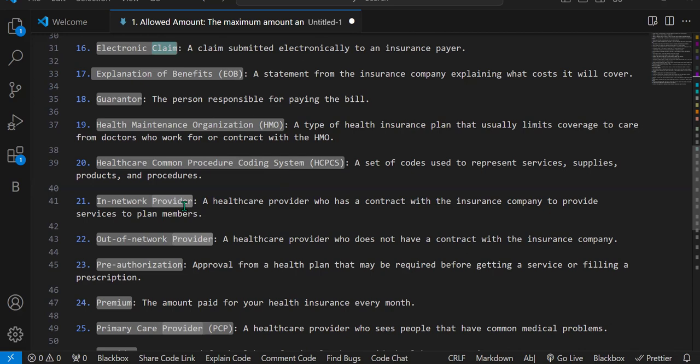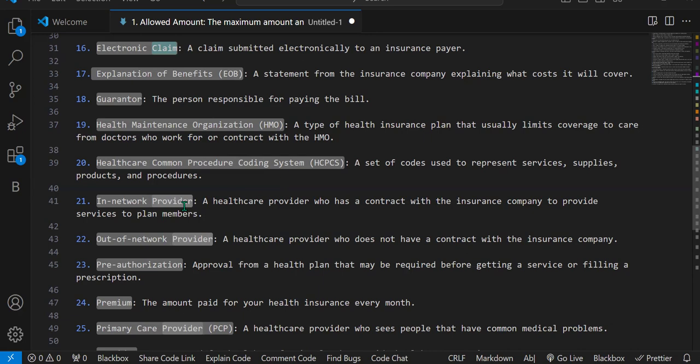What is an out-of-network provider? A healthcare provider who does not have a contract with the insurance company. The doctor who does not have an agreement with the insurance company, so when a patient registered with that insurance company comes to the hospital and tries to get treatment, the doctor will not give the treatment because he did not make the agreement with the insurance company.